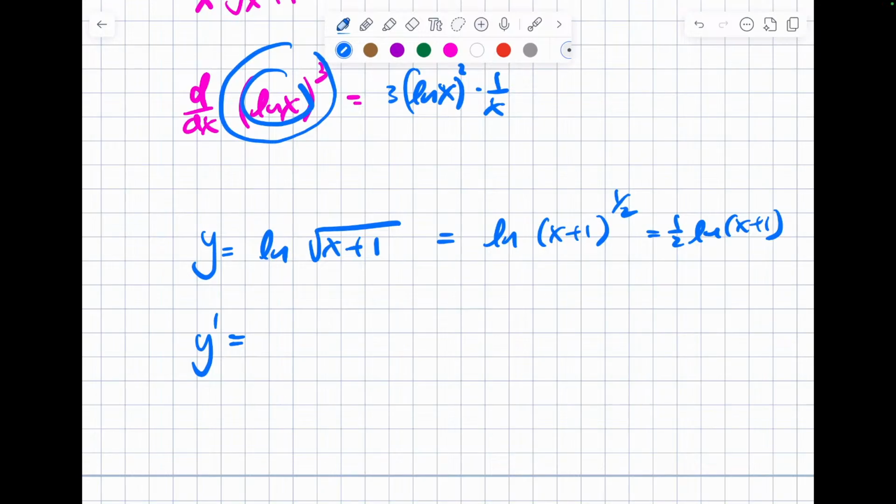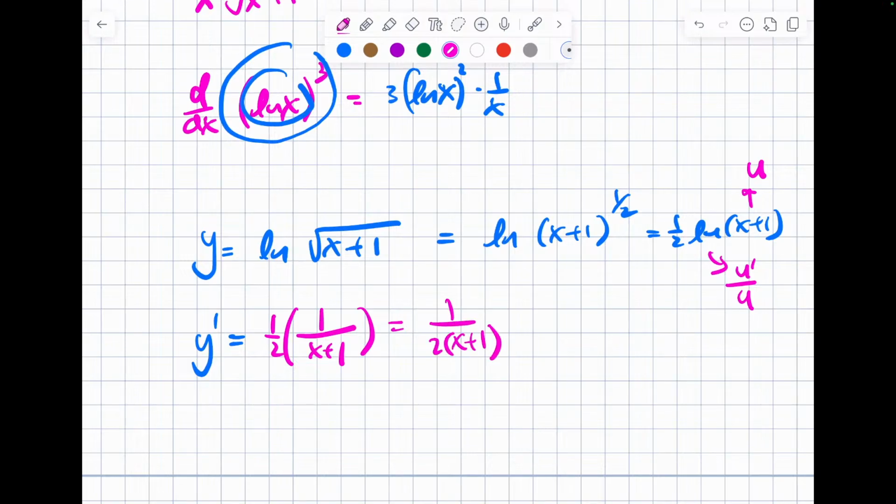Well, pre-calculus. And then this one is going to be u, and you know the derivative is u prime over u. So u prime is 1, and u is x plus 1, and there's a 1/2 in the front. So it'll be 1 over 2 times x plus 1. That's just the derivative of it.